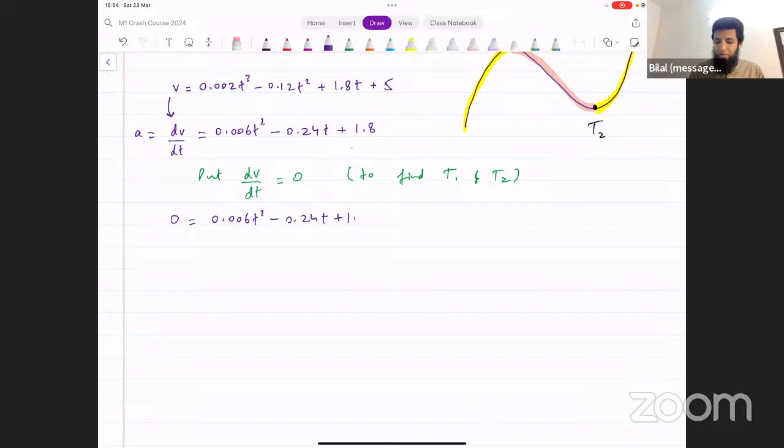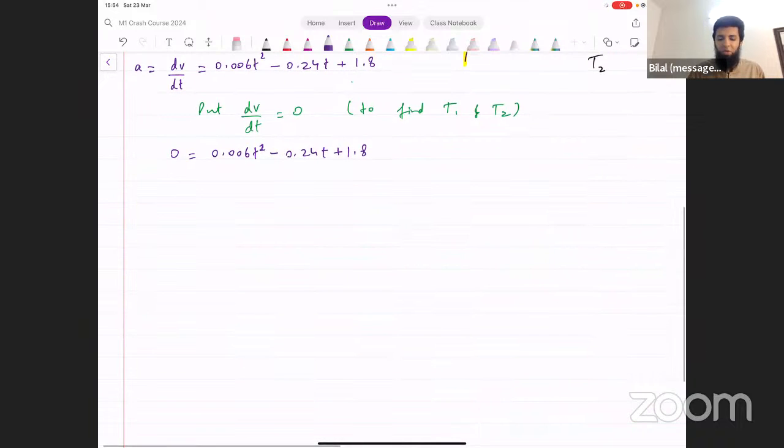Now, how do you solve this quadratic equation? You could convert it to integers first by multiplying it by 1,000 maybe, but it's simpler to just put values in the quadratic formula and use your calculator to find the result. So just write this one single step.